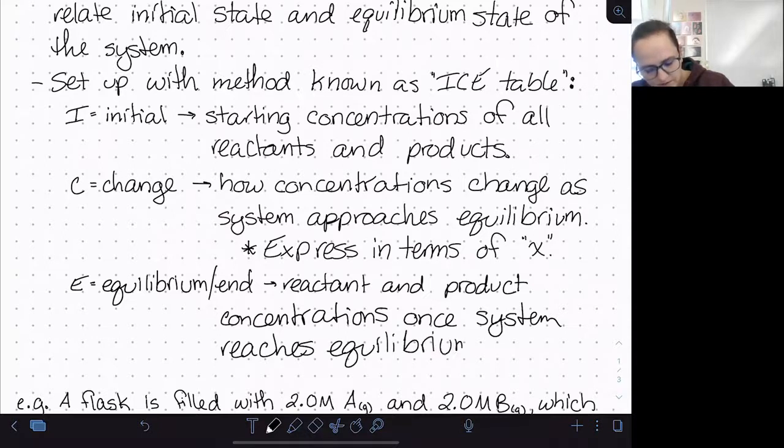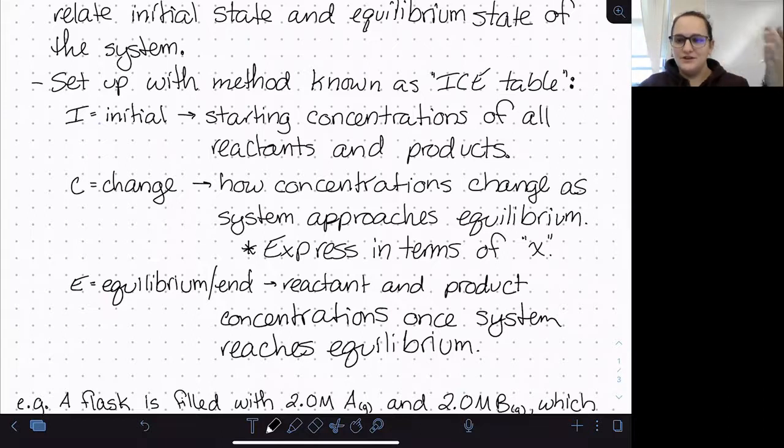So once our system reaches equilibrium, if we know our concentrations, they would go in the equilibrium row. If we plug those into the equilibrium expression, we would be calculating the value of K.